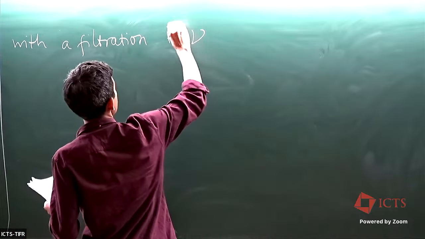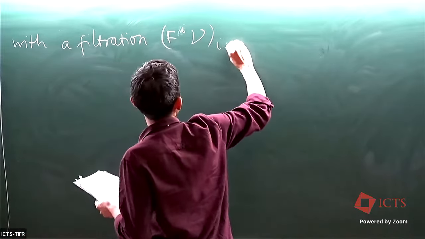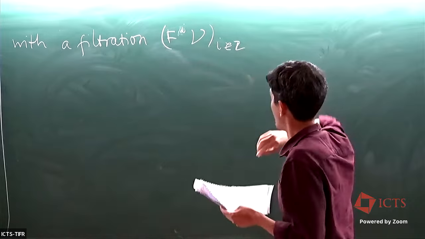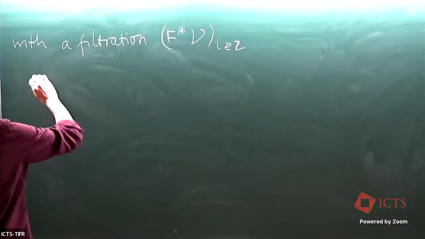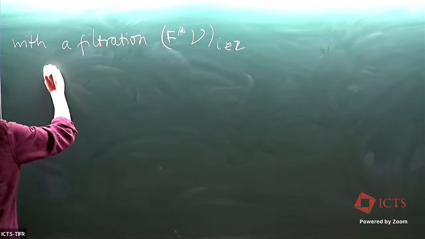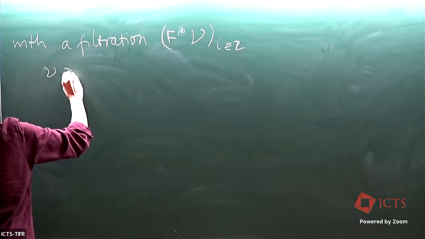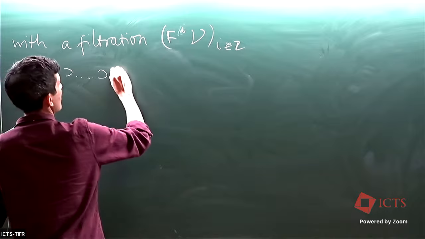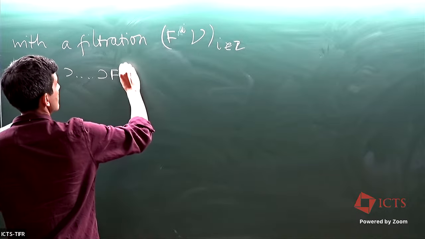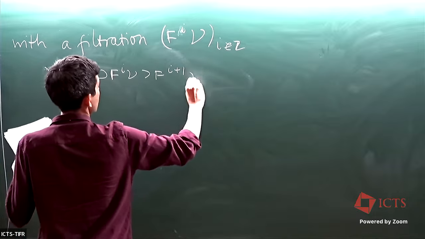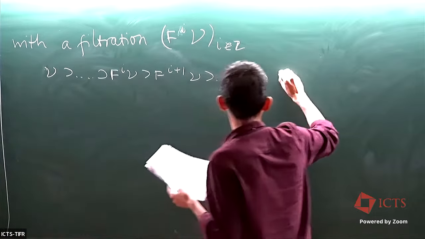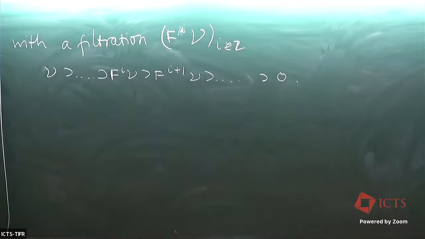Maybe I'll write it F. We want it to be also exhaustive and separated, so that we get the whole of V, and eventually it's just going to be 0.